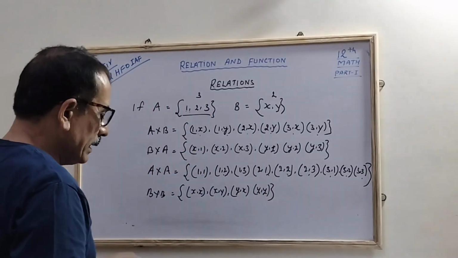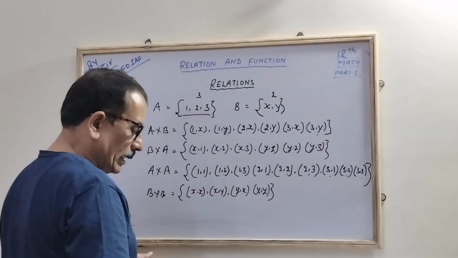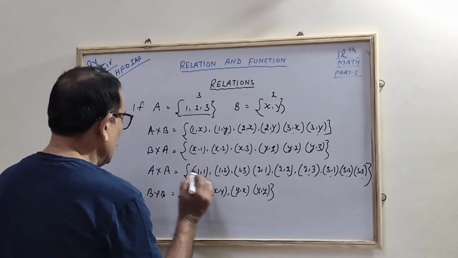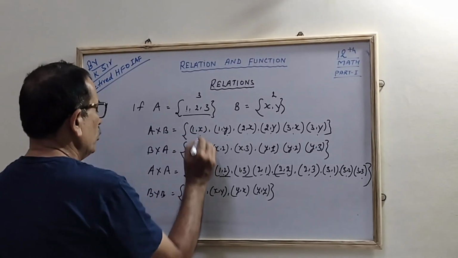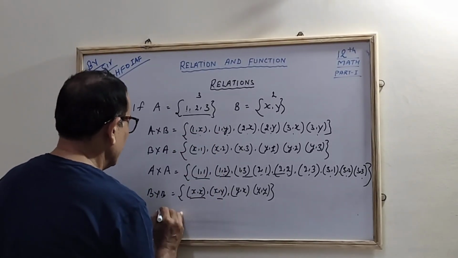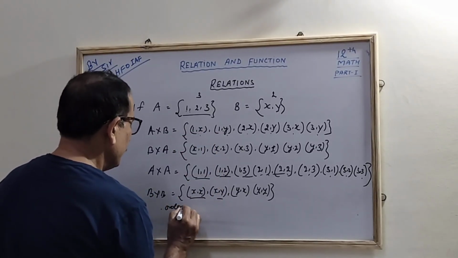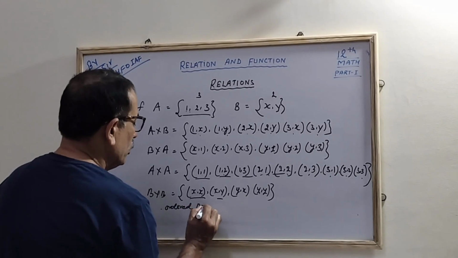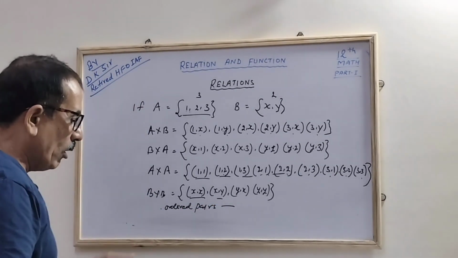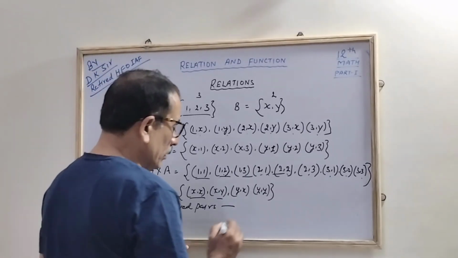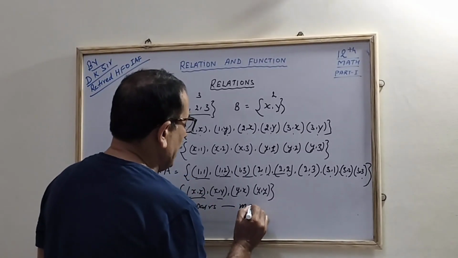Remember gentlemen, in the Cartesian product, the total number of the ordered pair. So this is called the ordered pair. What is this called? This is called the ordered pair. So how many ordered pairs are there? The ordered pairs will always be equal to m into n.